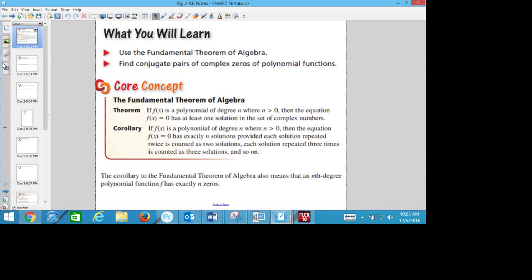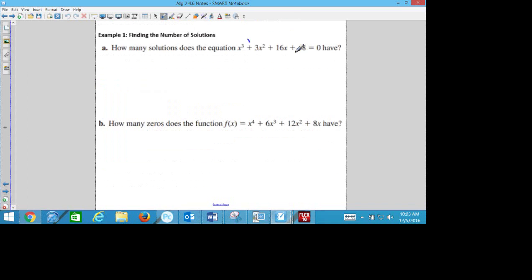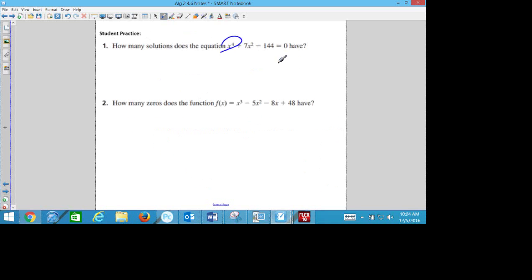That would count as two solutions. So when I ask you how many solutions there are, and you tell me the degree is 3, so there's 3, or the degree is 4, so there's 4, that doesn't tell you if any of them repeat. That's just telling you how many solutions there are. And then this one was 4, and then this one was 3.